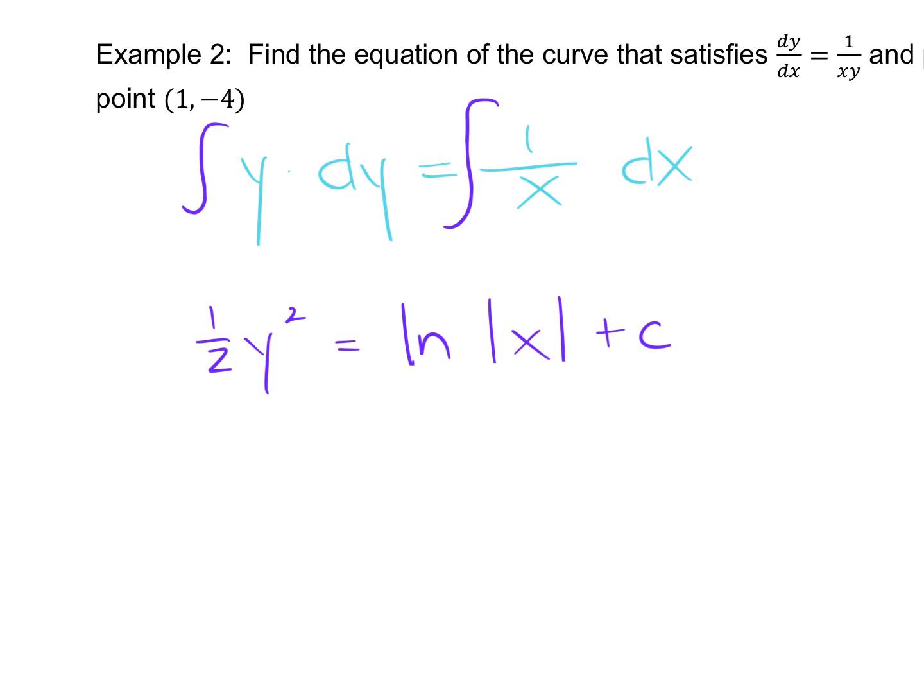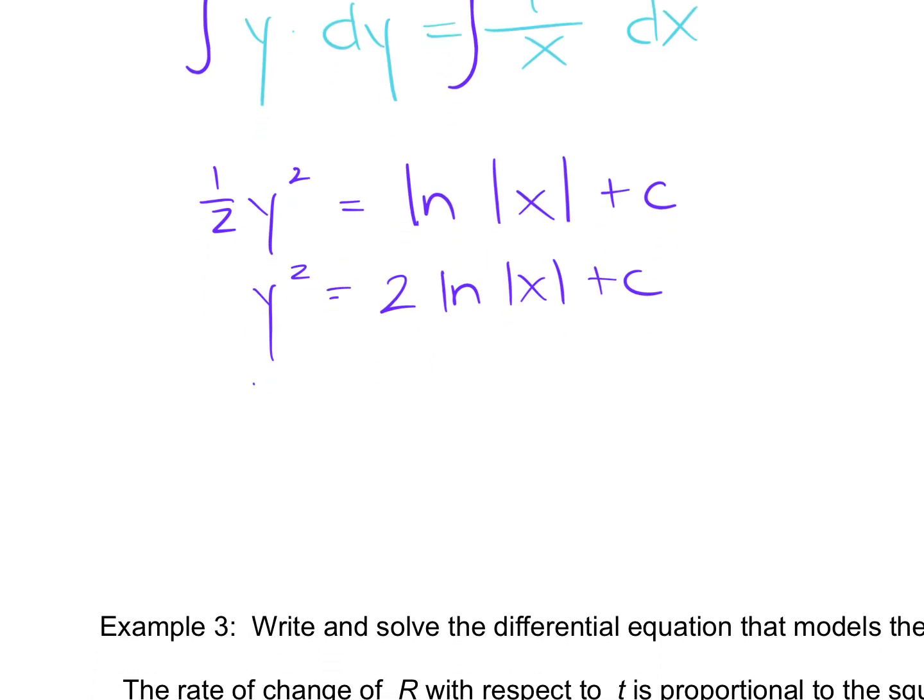So what's the first thing I need to move? Multiply by 2. So I have y squared equals 2 ln x plus c. And then what do I have to do to get y by itself? Square root. Now, when we square root, what do I never forget to put in front? Plus or minus, because that actually matters in my solving.